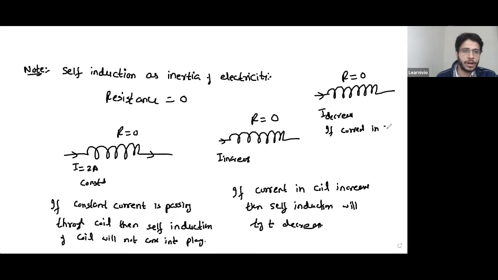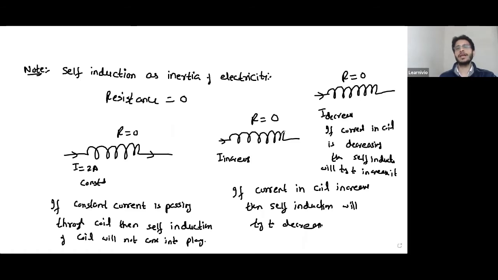If current in the coil is decreasing, then self-induction will try to increase it. So in both cases, there is something in the coil which is opposing the change in current in the coil, and that something is self-induction.